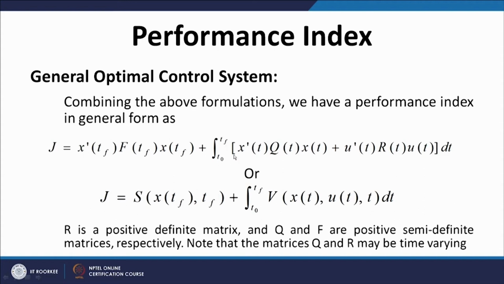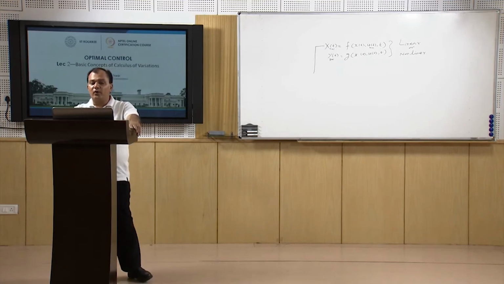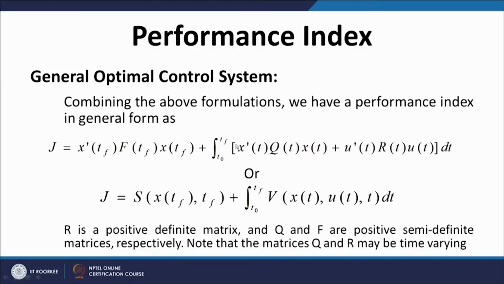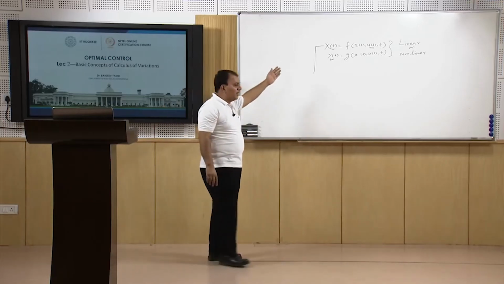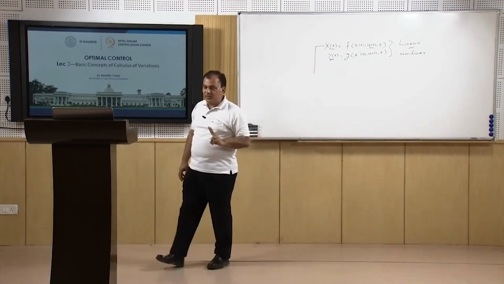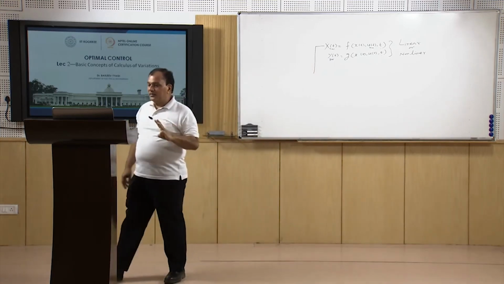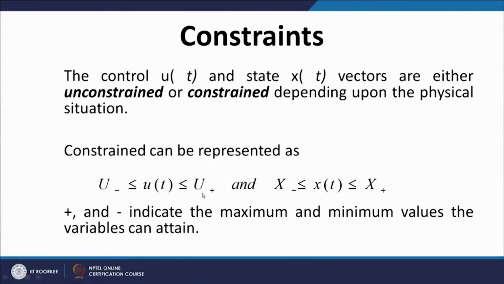The time interval again depends upon what type of problem we are considering. If my problem goes to the infinite horizon, then my Tf can also approach infinity. So in this way we can define our system as a linear system or by the general representation of the system. We can select the performance index, and next there may appear constraints on my input and the states.